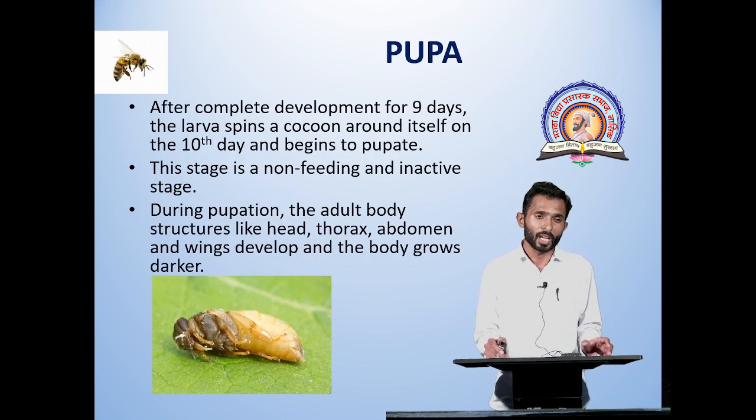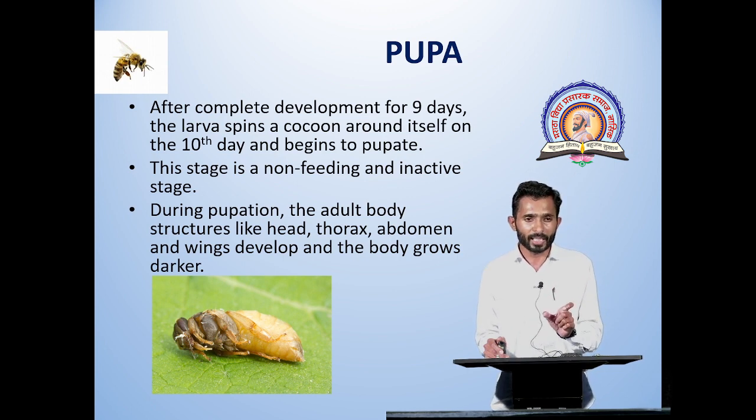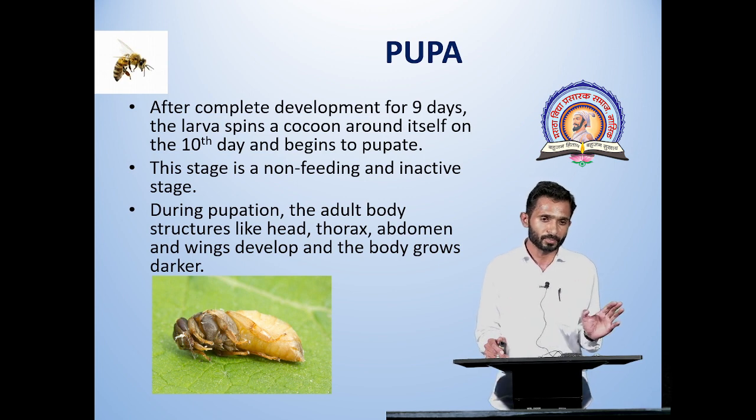Here the pupation varies on the basis of the different caste and the type of cells. In between 9 to 10 days, the pupation is complete.